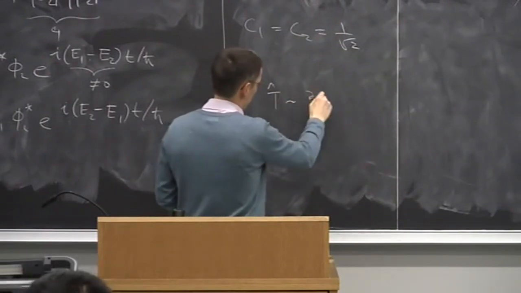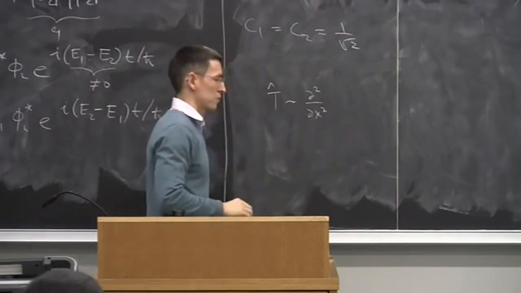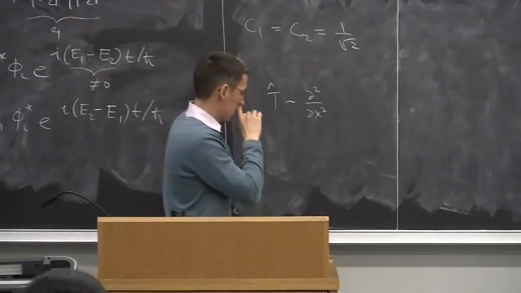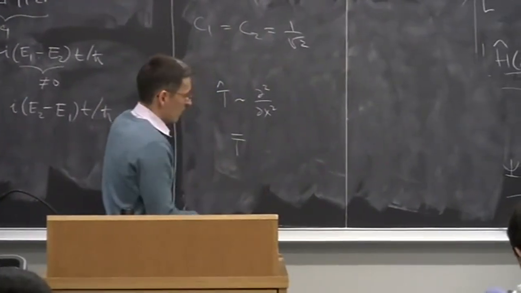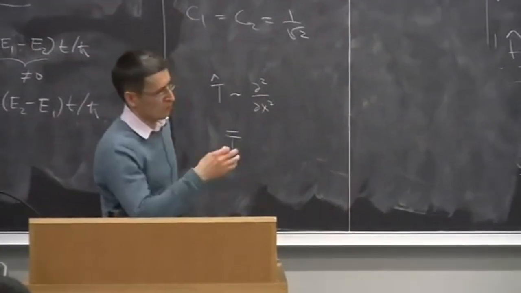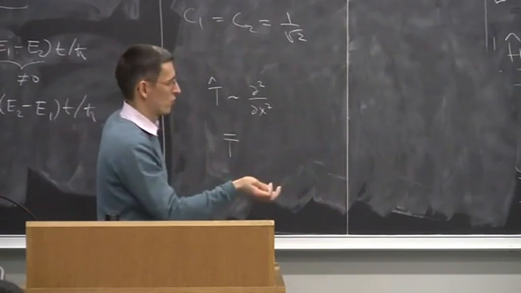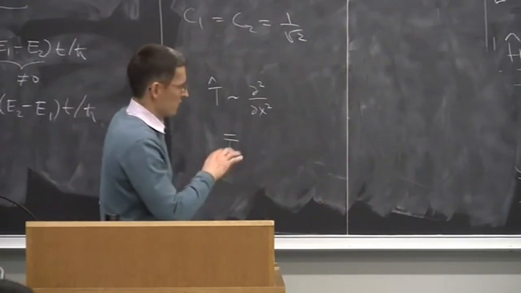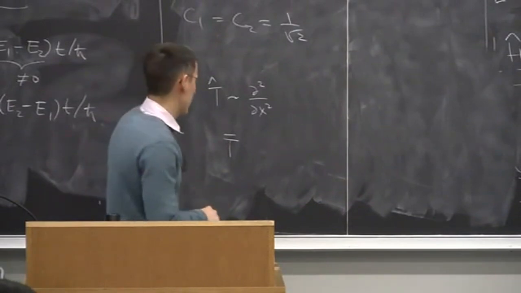It is proportional to the second derivative with respect to the space variable, right? And so if you are interested in average kinetic energy, you don't want to go into all the questions about whether your function is an eigenstate of the kinetic energy or not. If you just want to understand, okay, on average, how much kinetic energy do I have?